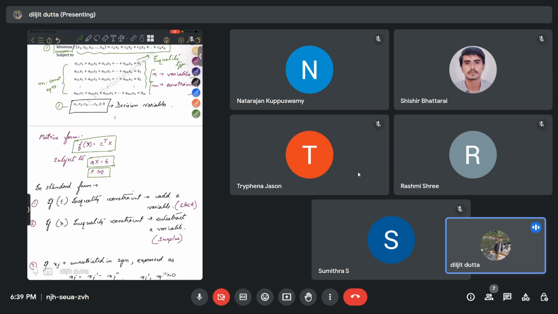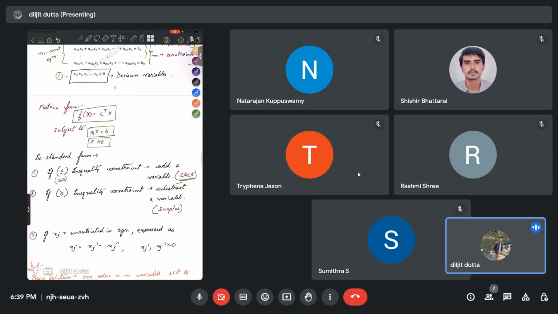If we have a less than or equal to type of inequality constraint, we will add one variable and make that equation equal, and this variable is called a slack variable. And if it is a greater than type of inequality constraint, we will subtract one variable, and the subtracted variable is called the surplus variable.